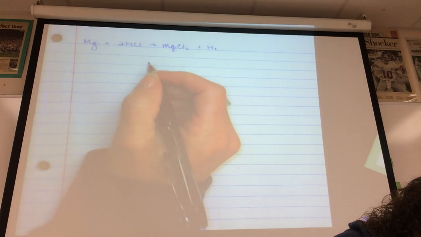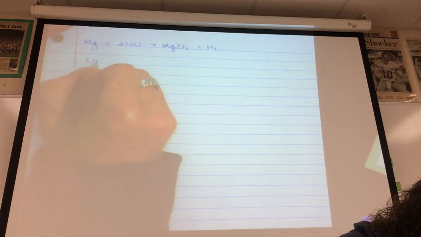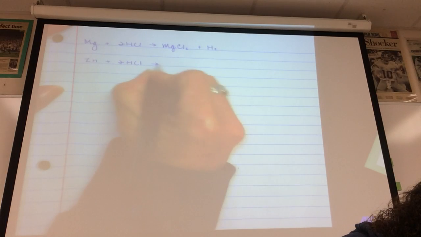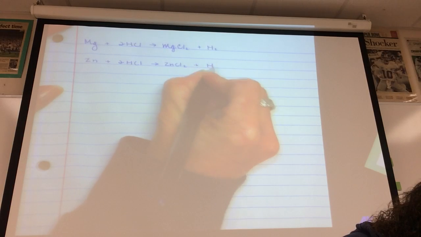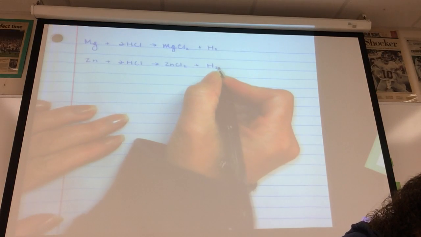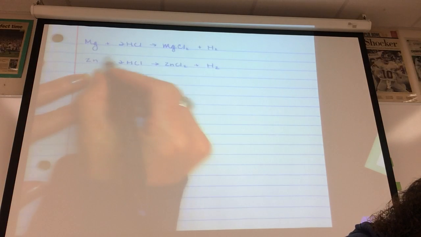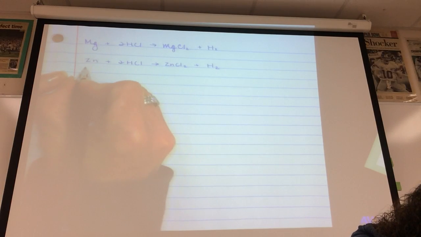Another reaction that you can run, also of the single replacement variety, is zinc and hydrochloric acid to generate zinc chloride and hydrogen gas. And what we're looking at here is a single replacement reaction in which zinc displaces the proton here, generating hydrogen gas.